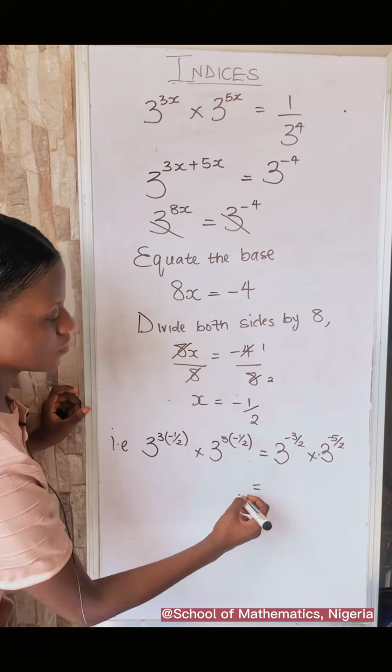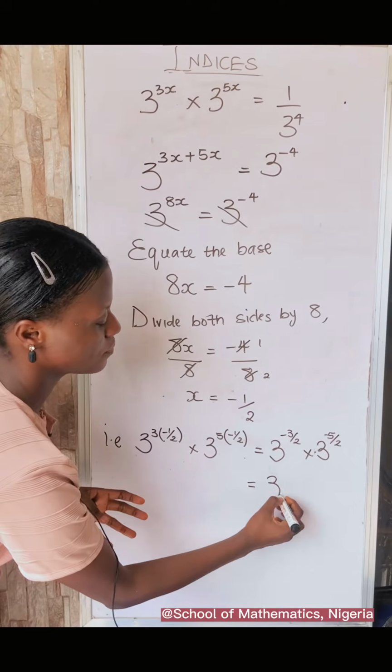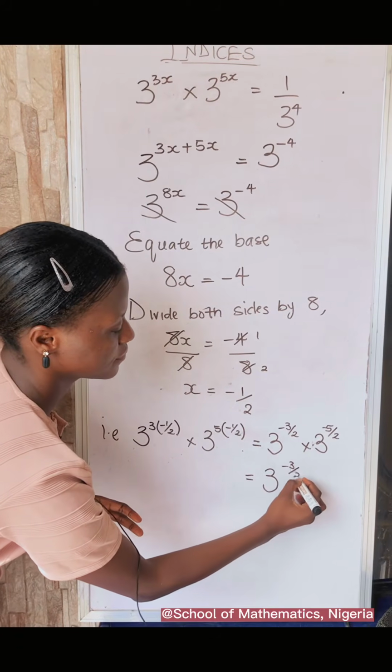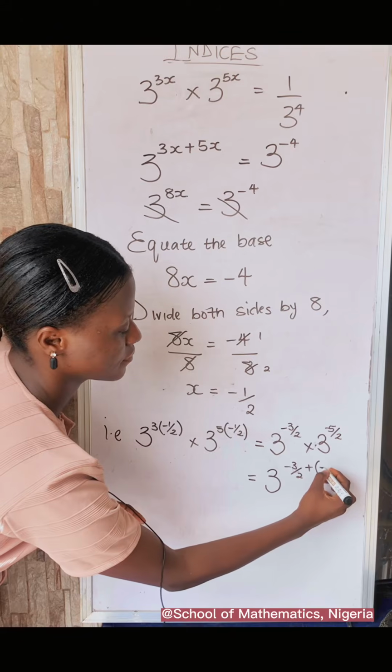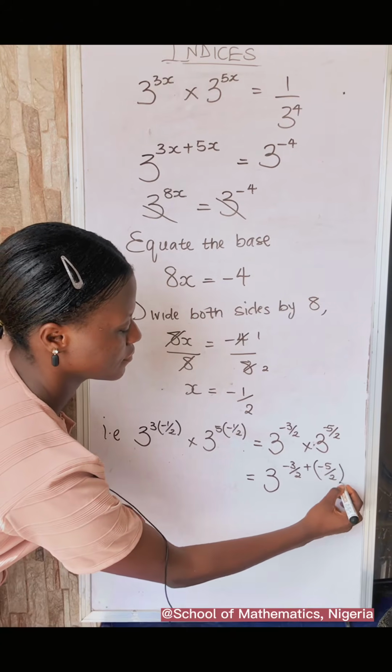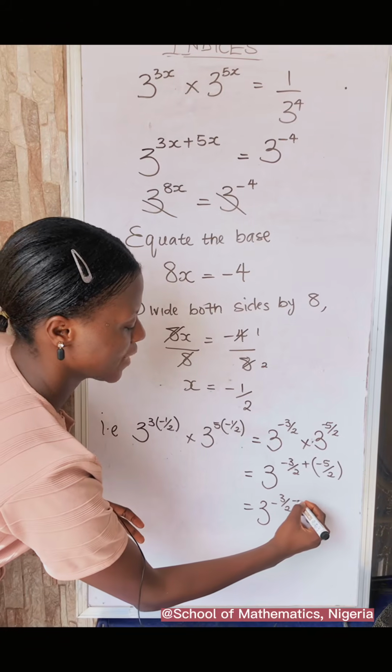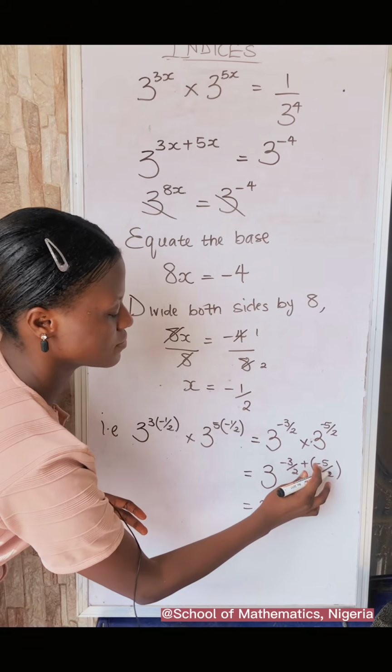And then the law of indices says you pick one base and you add your powers. So we have 3 raised to minus 3 over 2 minus 5 over 2, because plus times minus is minus.